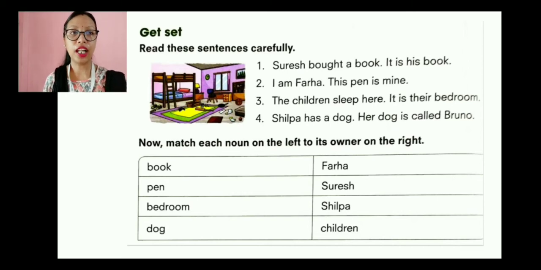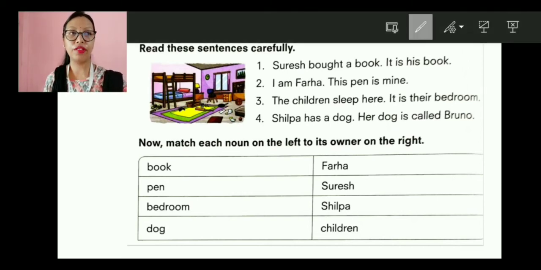Okay. Now below we have: match each noun on the left to its owner on the right. Now we have already read the sentences. Now we have to match the owner of the things. Okay. The number 1 is book. Now the book belongs to Suresh, right?